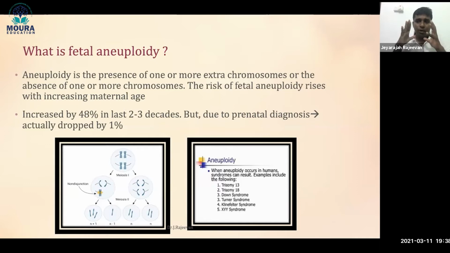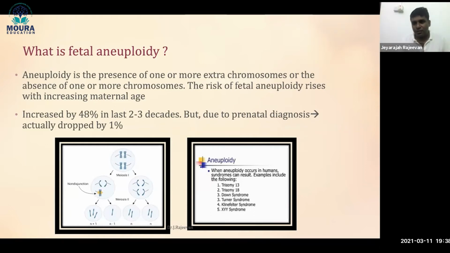So the aim of prenatal assessment is to identify the high risk population. Once you identify them, do the diagnostic test to diagnose the chromosomal abnormality. Once you diagnose the chromosomal abnormality, offer termination and you can reduce the burden to the mother.